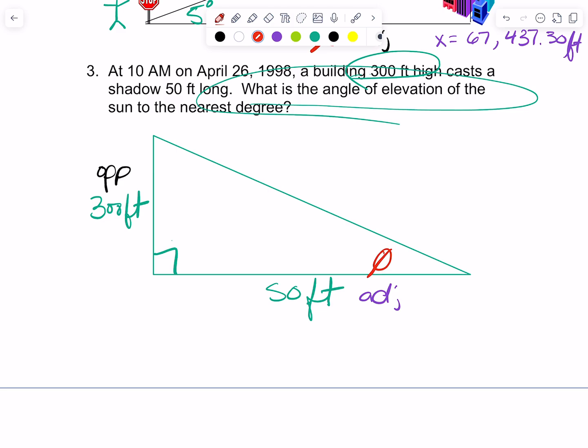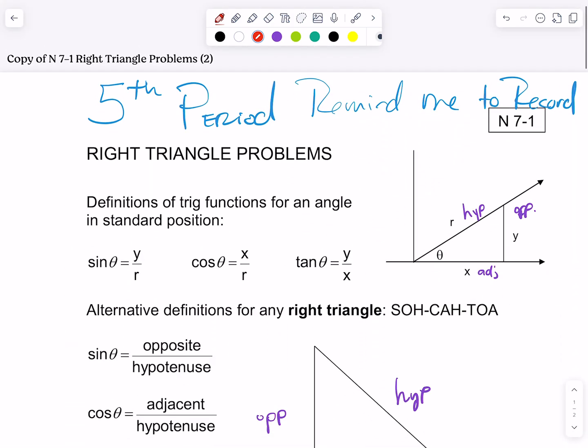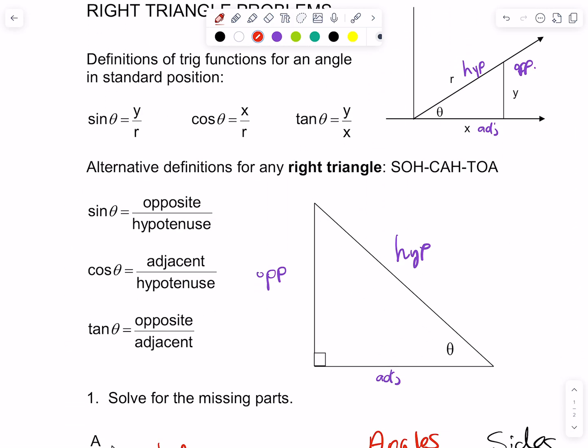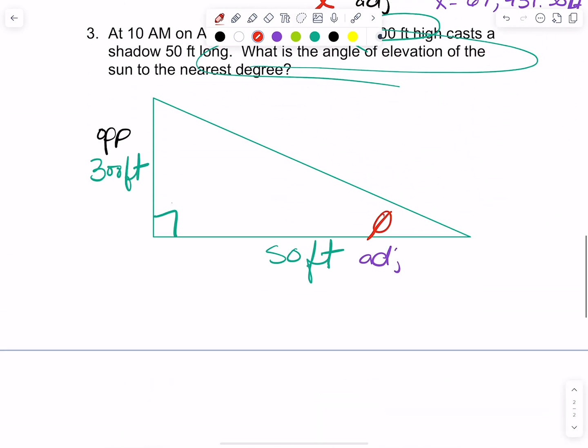Okay. So what trig function are you visualizing that you're going to use based on your sides? Tangent. So here's the difference. This one is looking for an angle, so theta is unknown.